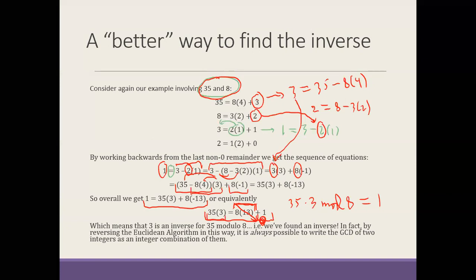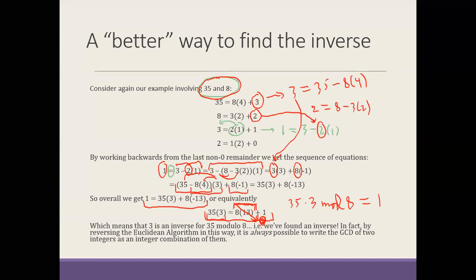We said that things that are relatively prime, like 35, will have an inverse modulo 8, okay? And guess what? We just found it, yeah? We found an inverse, namely 3, and the Euclidean algorithm actually helped us do that, okay?